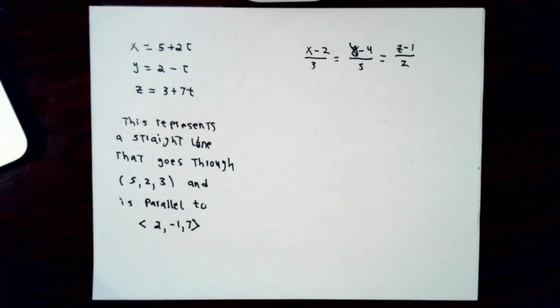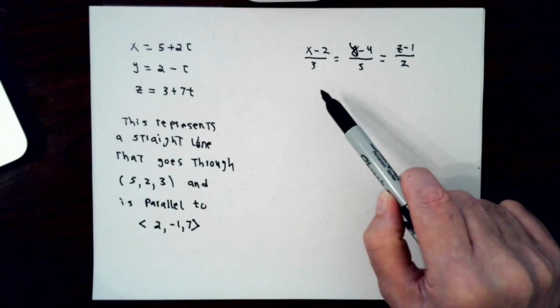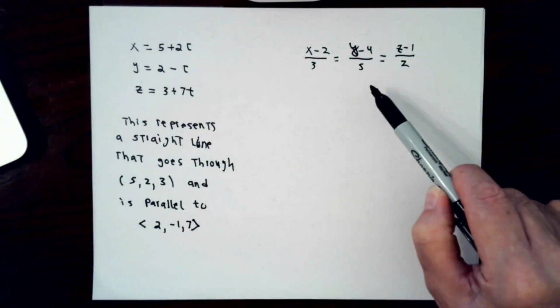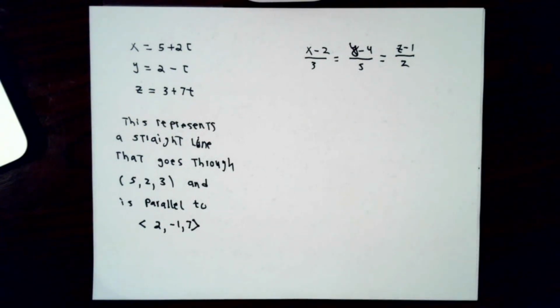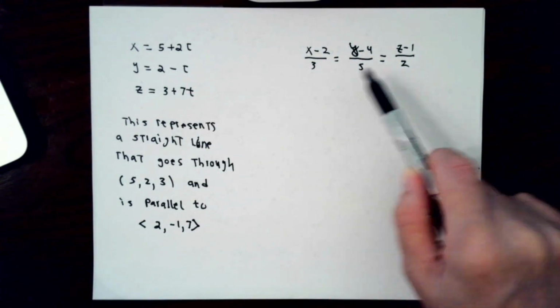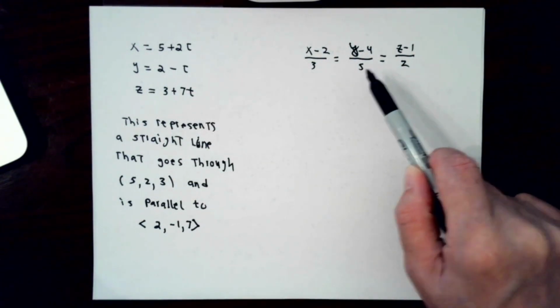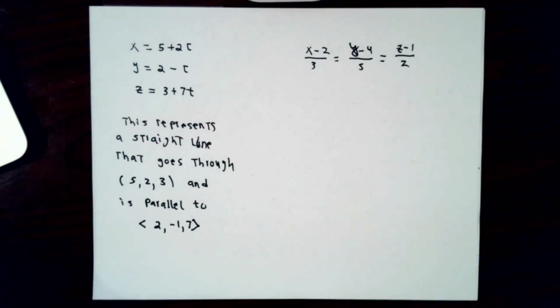On the other hand, if somebody told me that (x minus 2)/3, (y minus 4)/5, and (z minus 1)/2 were all the same number, then I would interpret that as the symmetric form of the equations of a straight line. (x minus x0)/a, (y minus y0)/b, (z minus z0)/c.